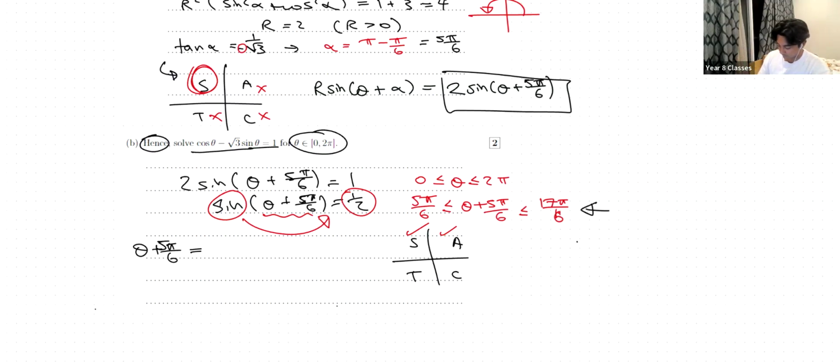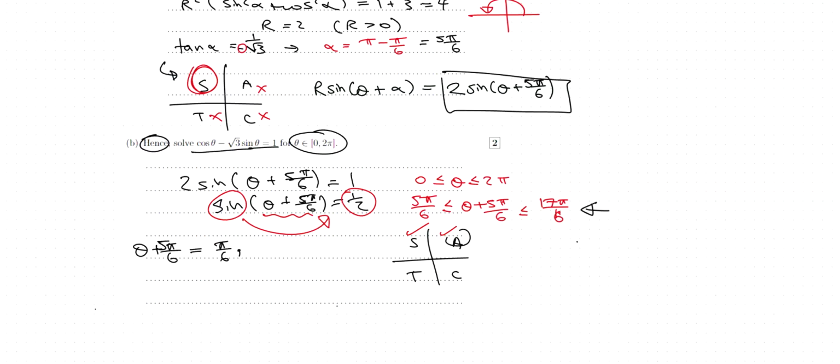Okay, so to get the first quadrant answer, I just took sine inverse of positive a half. That gives you π/6, or 30 degrees. And then the second quadrant answer is going to be pi minus π/6, so 5π/6.